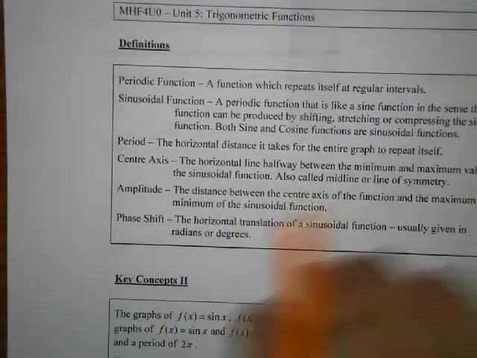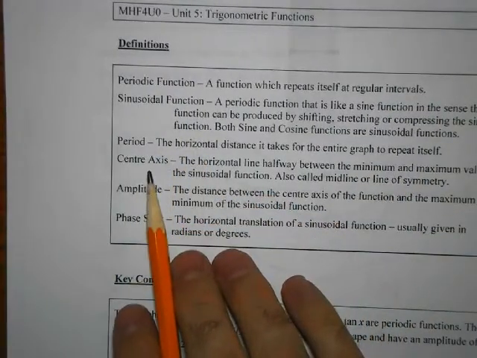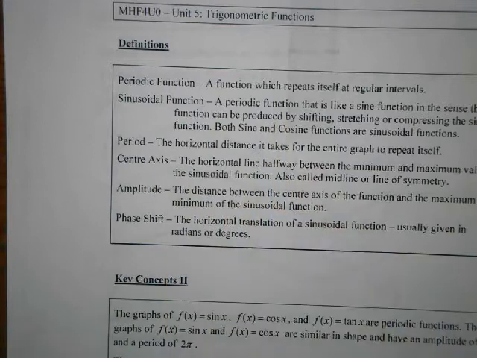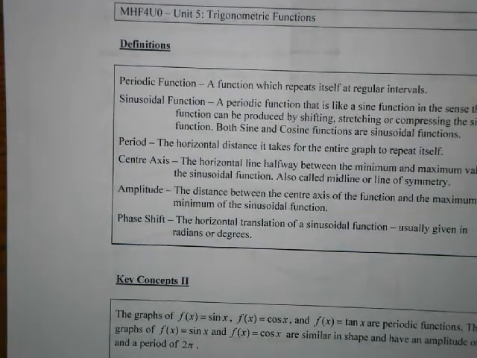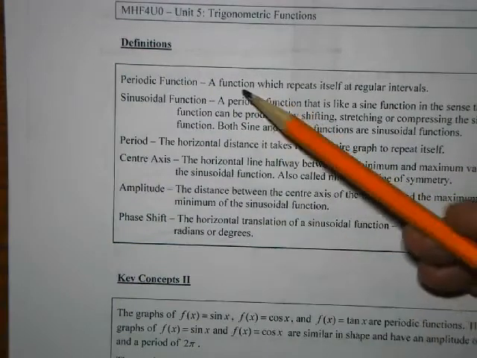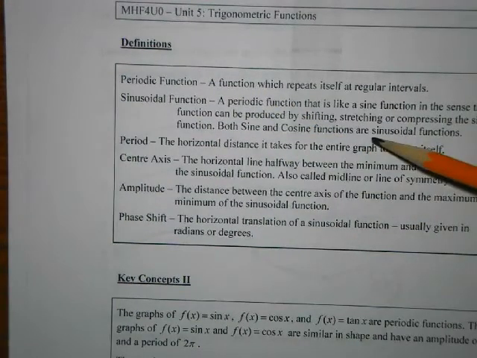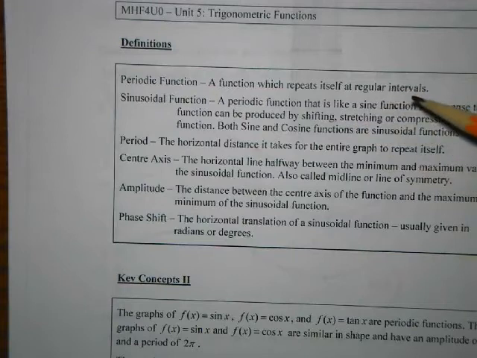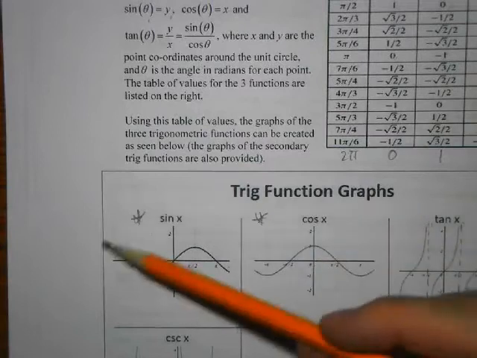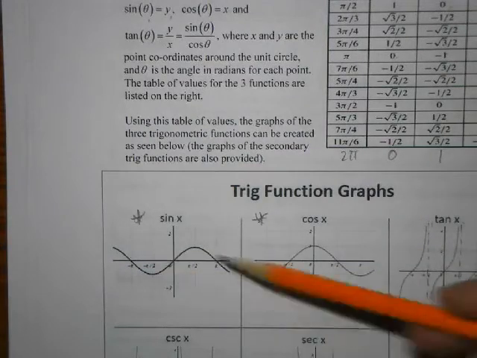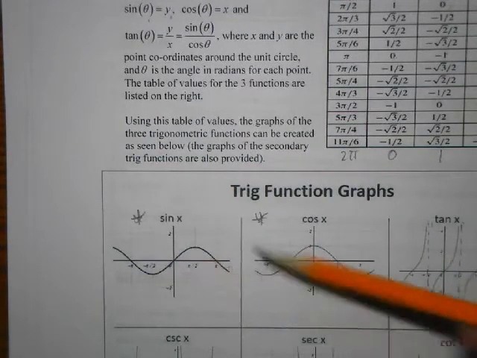Okay, some important definitions. Periodic function we talked about. It's a function that repeats itself at regular intervals. It's a very predictable function. You know there's a pattern, and you can go way out and know what the value will be based on that predictable pattern. Sinusoidal is a periodic function that looks like a sine function. So you've heard the expression sine wave. Sine waves you see on the oscilloscopes and things like that, electrical patterns.